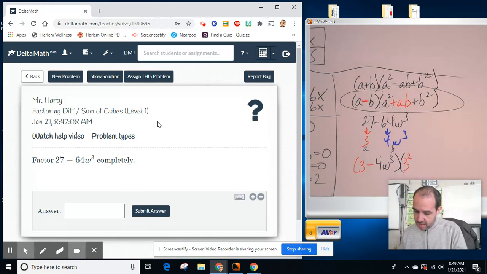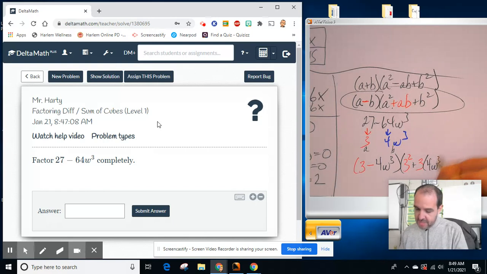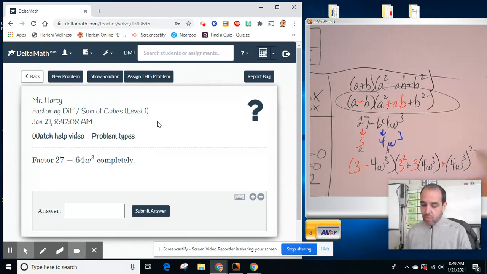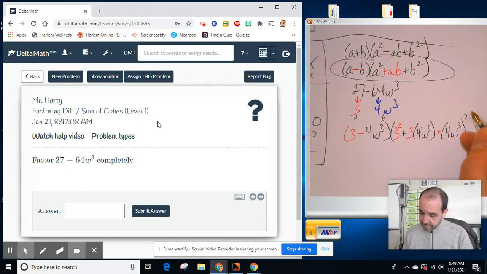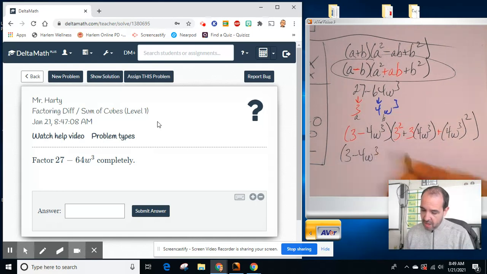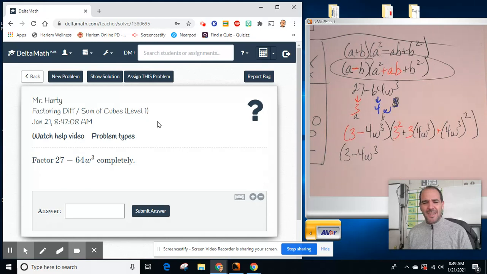A squared plus A times B plus B squared. Follow the form, okay? So let's see. 3 minus 4w. Oh, Hardy. You don't cube w cubed to get w cubed.